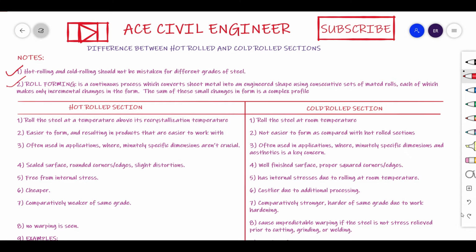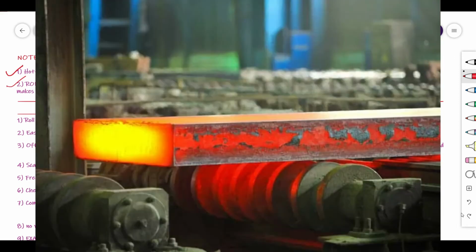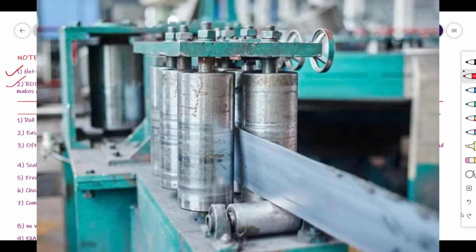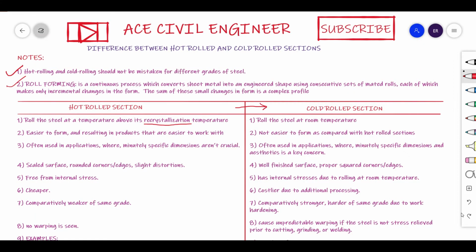Firstly, the hot rolled section. This section is basically formed at the recrystallization temperature, which would be around greater than 1000 degree Fahrenheit, whereas cold rolled sections form at room temperature only. So you need to understand, friends, a hot rolled section is molded when the steel is at a very high temperature, and a cold rolled section is an additional process after making the hot rolled section. From the hot rolled section only we form the cold rolled sections.